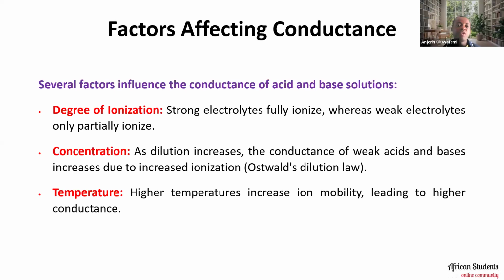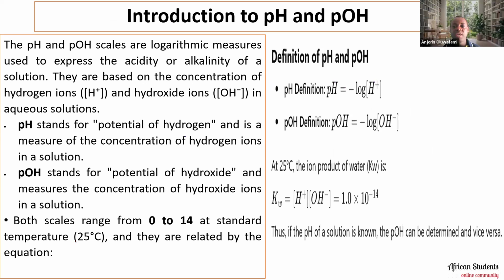Okay, let's move along now and talk about the pH and the pOH. Now, pH and pOH scales are logarithmic measures used to express the acidity or alkalinity of a solution. They are based on the concentration of hydrogen ion and hydroxide ion in aqueous solution.